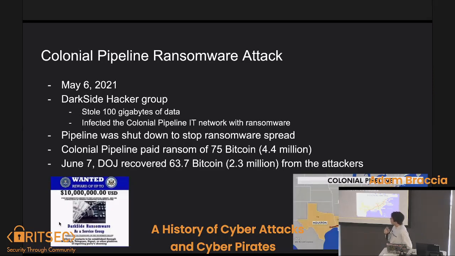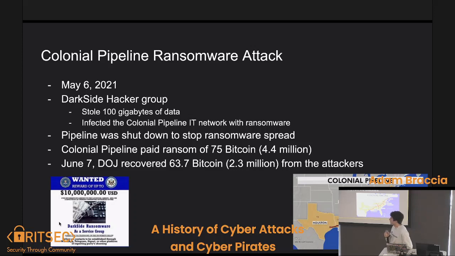Another ransomware attack on the US was the Colonial pipeline ransomware attack. In 2021, the DarkSide hacker group stole 100 gigabytes of data and infected the Colonial pipeline IT network with ransomware. So the pipeline was shut down to stop the ransomware spreading.